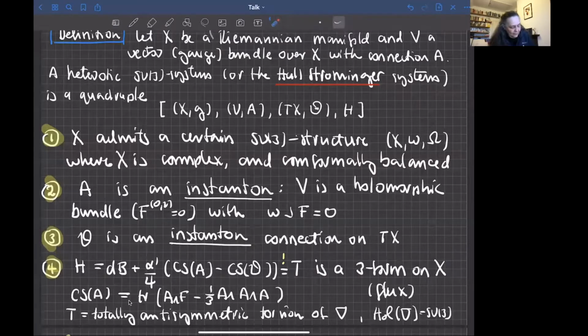And what's even worse, in terms of trying to find solutions for these systems, is that this should be equal to a torsion. This T here is the total antisymmetric torsion of a connection compatible with the SU3 structure. We will say more about this in a moment. So this equation is mixing up all your degrees of freedom in this system.